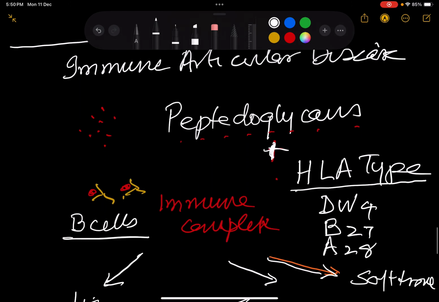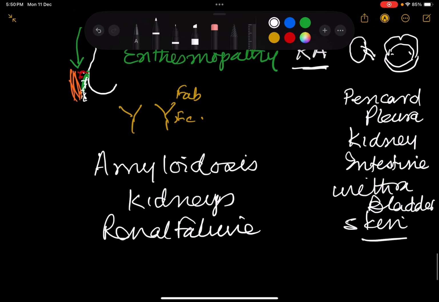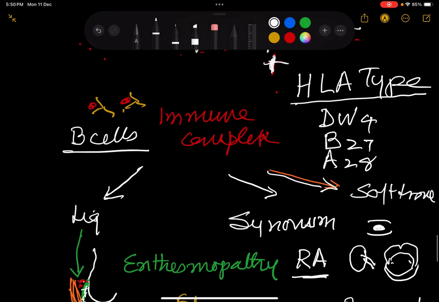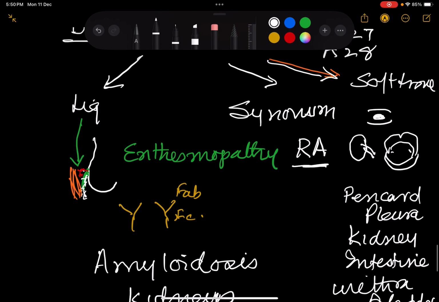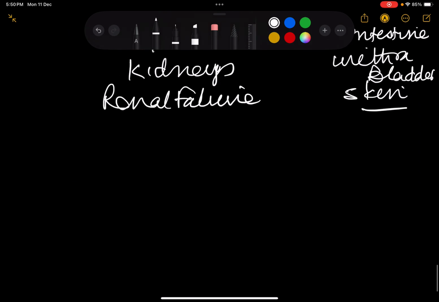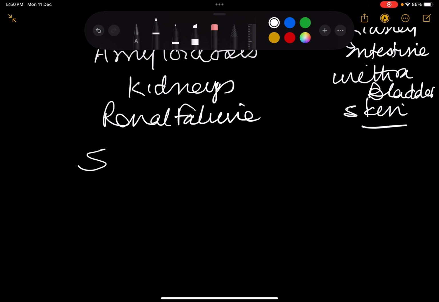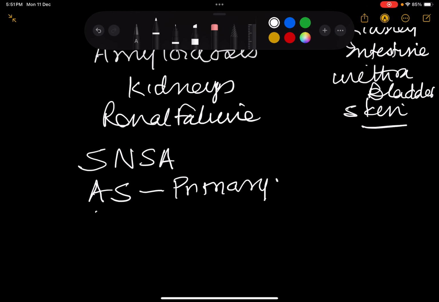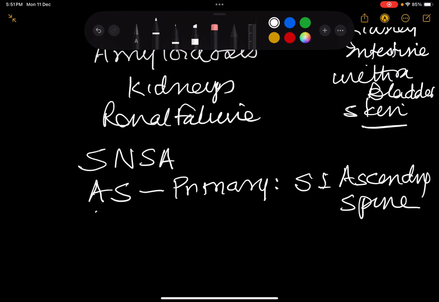So this is the basis of immune articular diseases, and depending on what is involved, they can be classified simply into seronegative spondyloarthritis, SNSA syndrome, ankylosing spondylitis, which is the spinal type of SNSA syndrome, which can be primary, where sacroiliac joint and ascending to spine, or secondary.